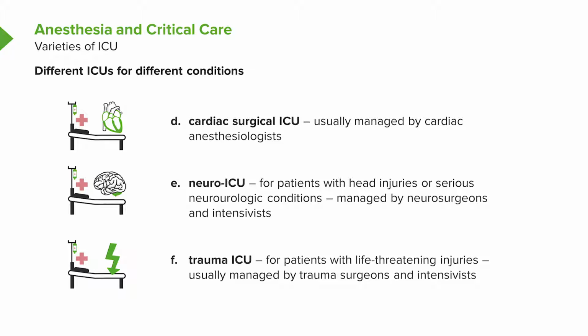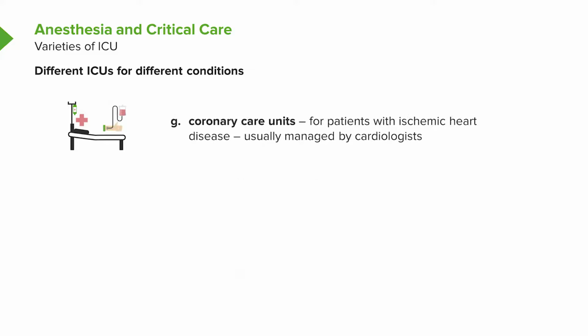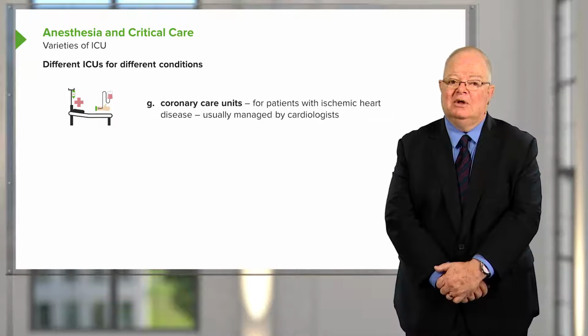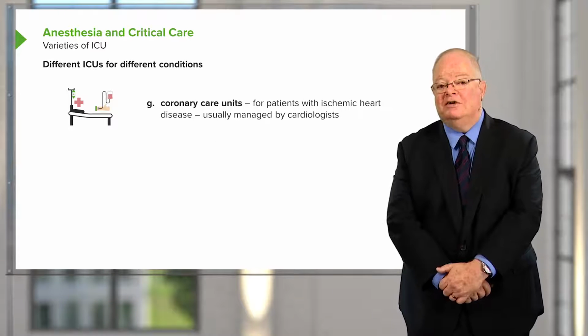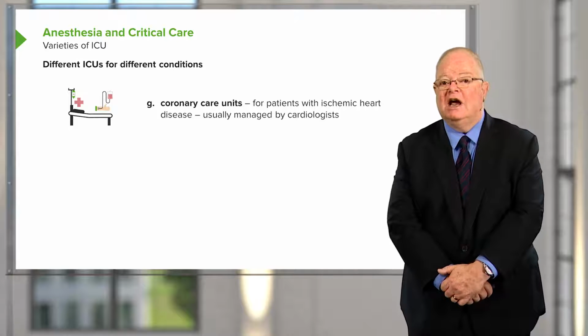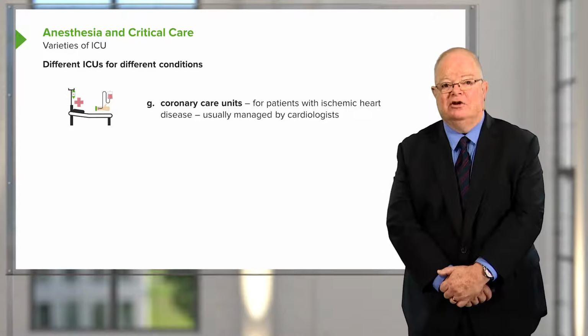There are trauma ICUs for patients with life-threatening injuries following trauma, and these are usually handled by trauma surgeons and intensivists in partnership. And finally, there are coronary care units for patients with ischemic heart disease, which are usually managed by cardiologists. In addition, one that I haven't put on the slide, but one that is often considered an ICU, is the post-anesthesia care unit, the PACU, which I discussed in an earlier lecture.